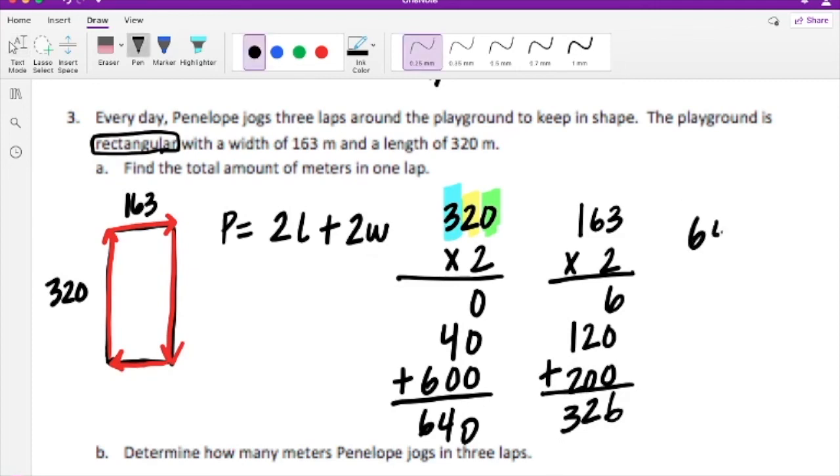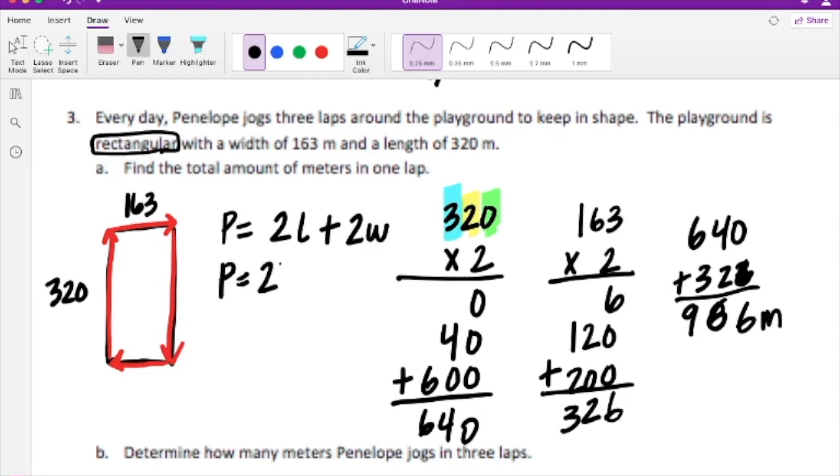When I put those 2 together, 640 for the 2 lengths. Well, that's also 6. I get 966 meters.